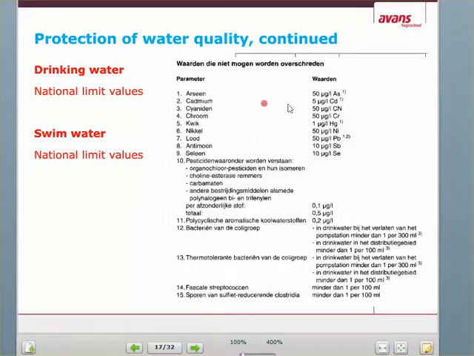I'm sorry, I could only find this in Dutch, but these are national limit values. And from the Netherlands, it's pretty easy to translate. So you see arsenic is 50 milligrams per liter, cadmium, cyanide, chrome, mercury, nickel, lead, antimony, selenium.